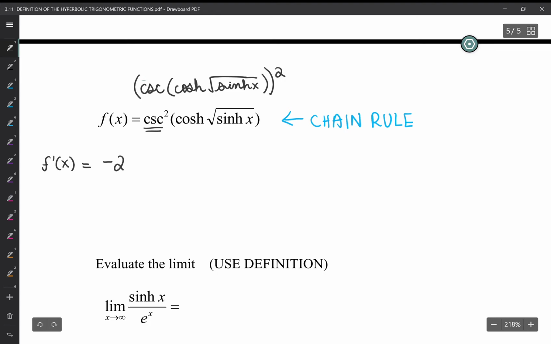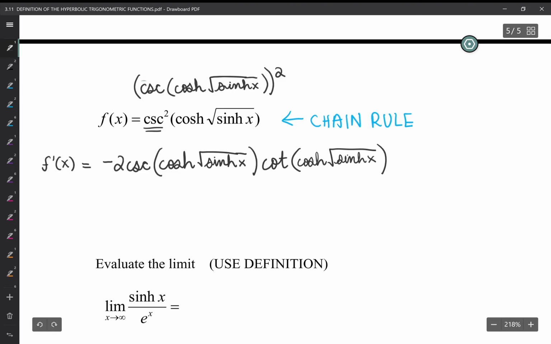So this is equal to negative 2 cosecant of the inside function, which is the hyperbolic cosine of the square root of the hyperbolic sine of x, times the cotangent of the inside function, which is the hyperbolic cosine of the square root of the hyperbolic sine of x. So that's the first piece, times the derivative of the inside of that cosecant squared.